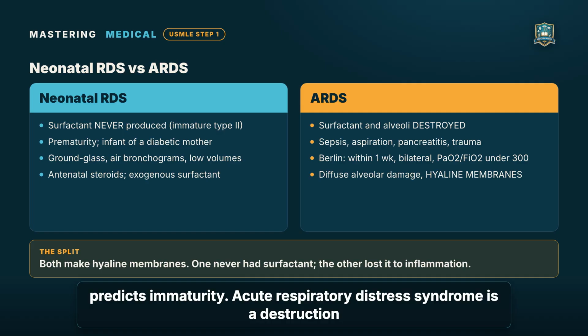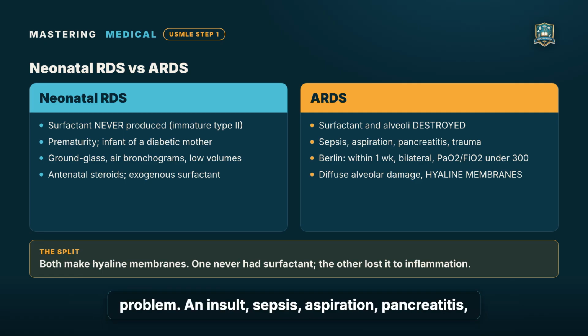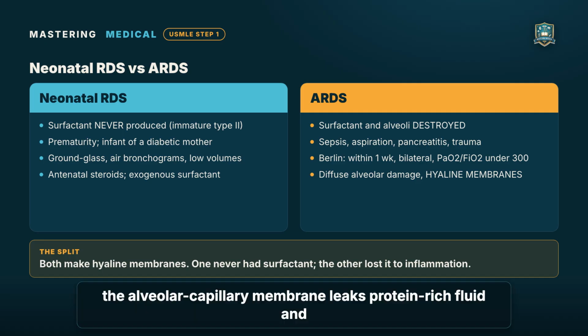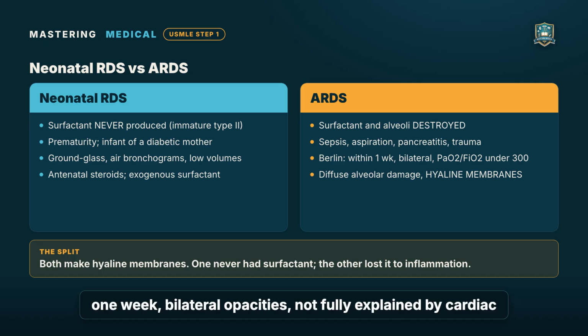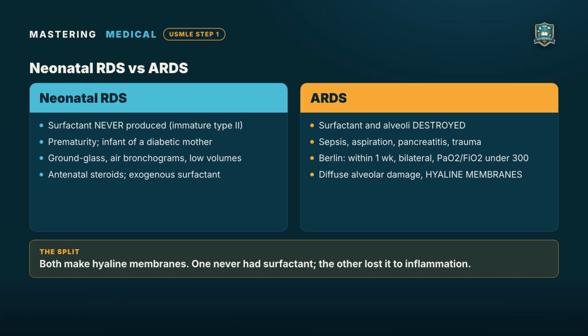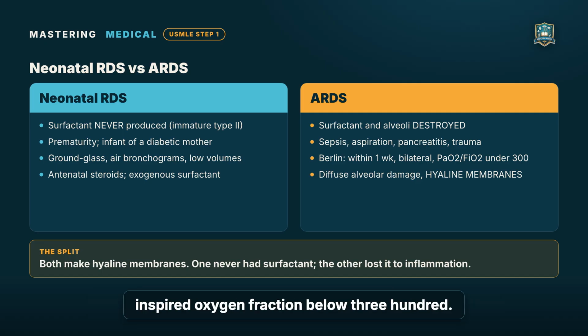Acute respiratory distress syndrome is a destruction problem. An insult, sepsis, aspiration, pancreatitis, trauma, or transfusion triggers diffuse alveolar damage. The alveolar capillary membrane leaks protein-rich fluid and surfactant is inactivated. The Berlin criteria are onset within 1 week, bilateral opacities, not fully explained by cardiac failure or fluid overload, and a ratio of arterial oxygen to inspired oxygen fraction below 300.